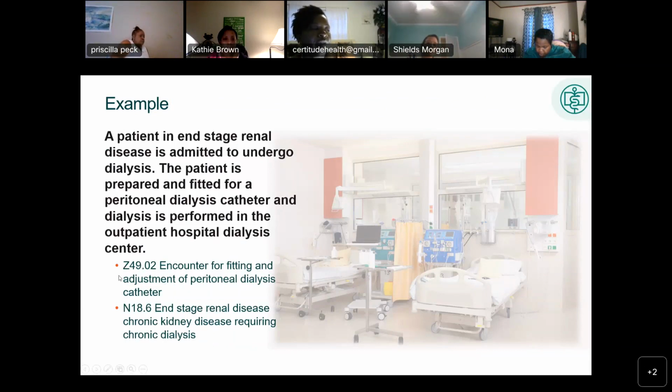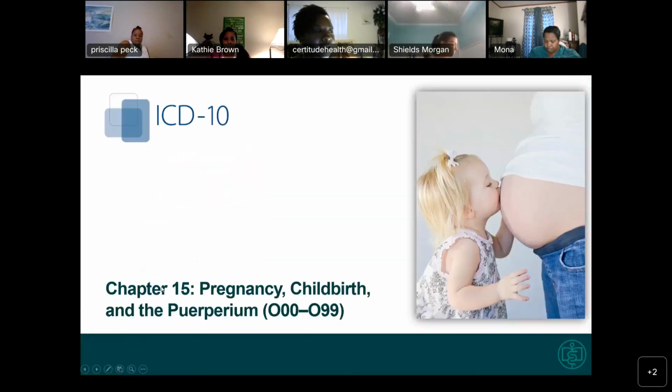So we would first use this Z code as an encounter for, because that's the reason for the visit, and then secondly the N18.6 to add the diagnosis for the dialysis. But that's not really going to make full sense until we talk about chapter 21 guidelines, and we've got a ways to go.